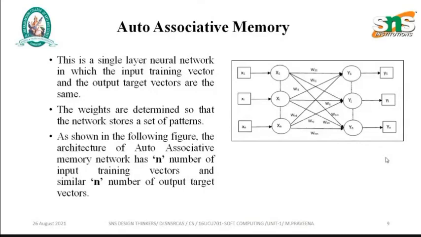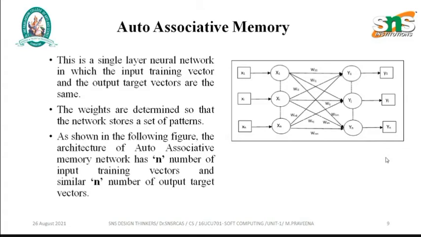This auto associative memory is also a single layer neural network in which the input training vector and the output target vector are the same. That is, the number of inputs and the number of outputs are the same. That is called auto associative memory. For example, if we are providing 10 inputs, then there will be 10 outputs.